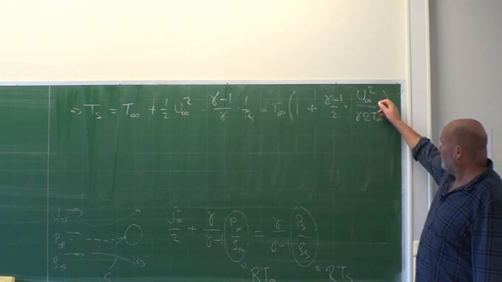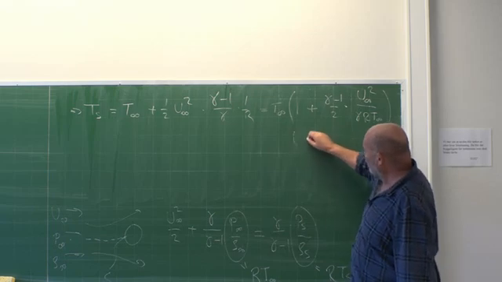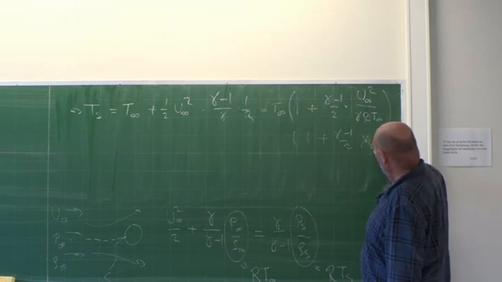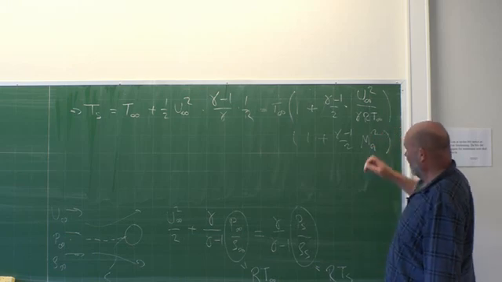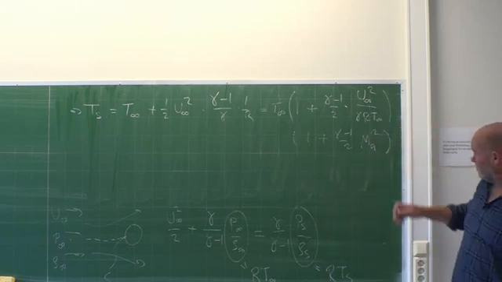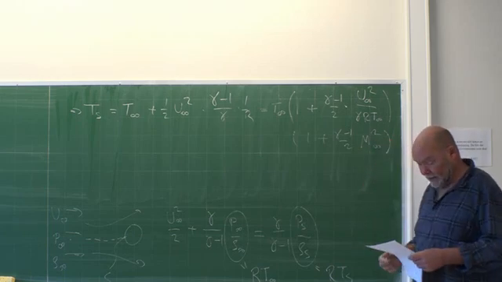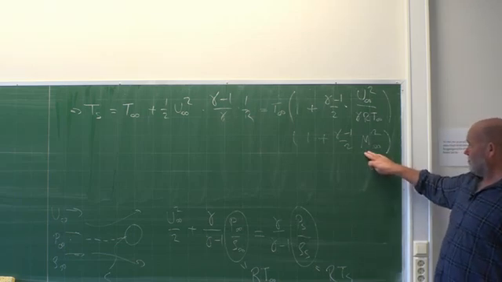And then this one will then be the Mach number. So you will have it as 1 plus gamma minus 1 over 2 Mach number squared. Actually, it's Mach number infinity, but never mind. Yeah, we call it M infinity then. Something like that. So there you can calculate your stagnation temperature depending on the Mach number.